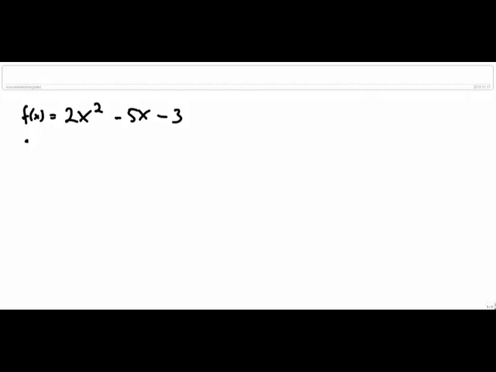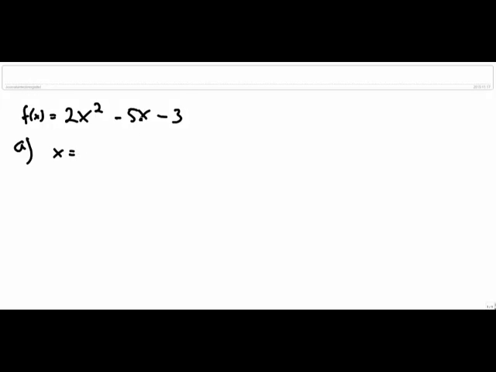So A, in order to find the turning point, we could just find the zeros, for example, and then take the middle of that. If you have another method that works, that's fine, but this is one that always works. Can we factorize this? Maybe we should use the general formula once again.